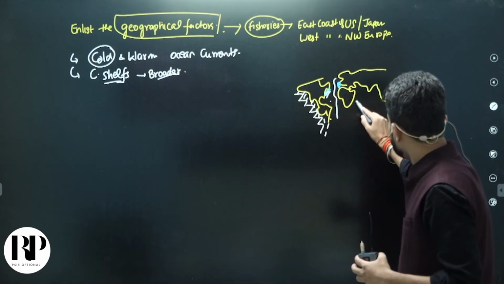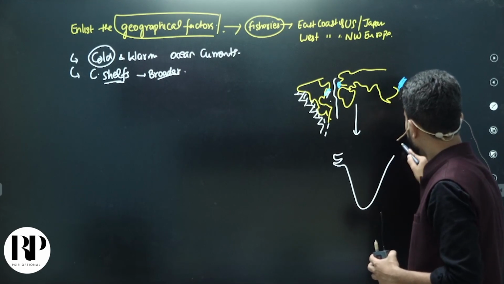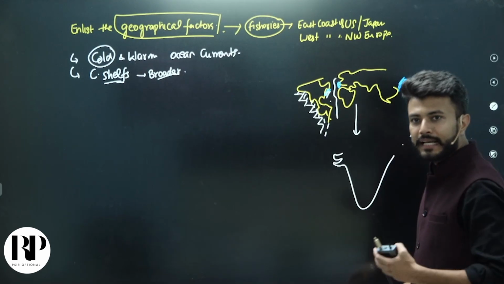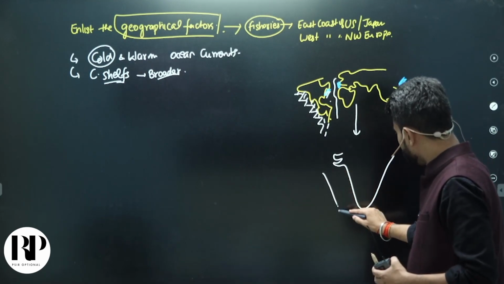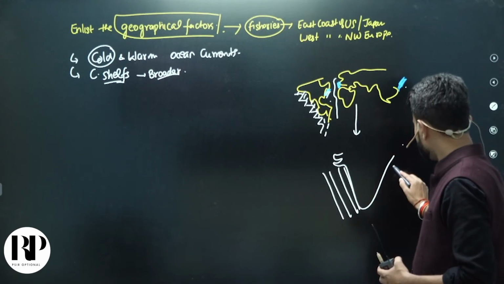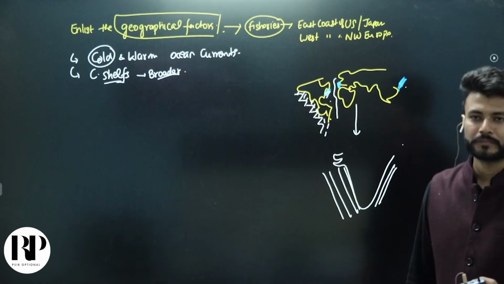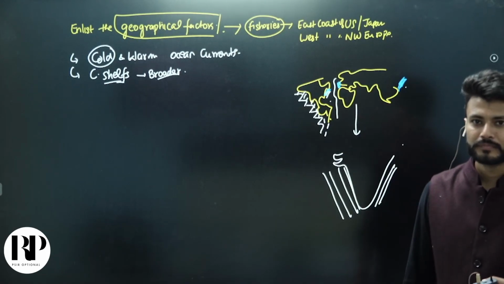Now comes an exception to this. India. In India, the continental shelf across the western coast is relatively what? Broad.